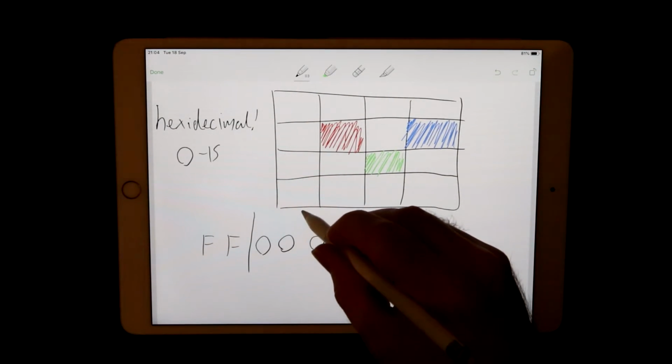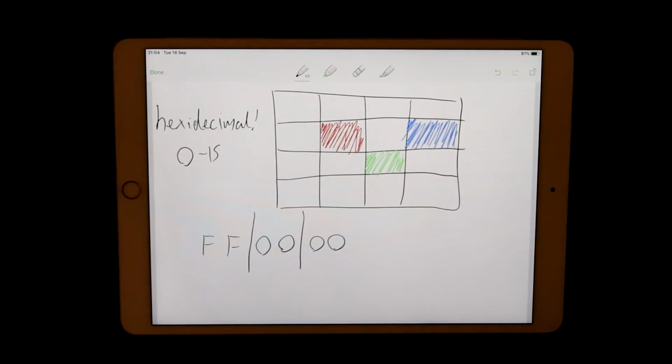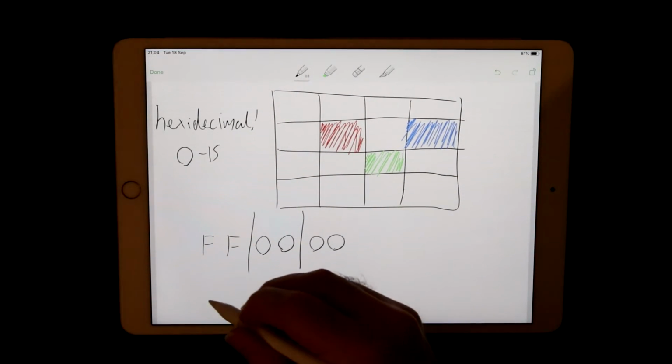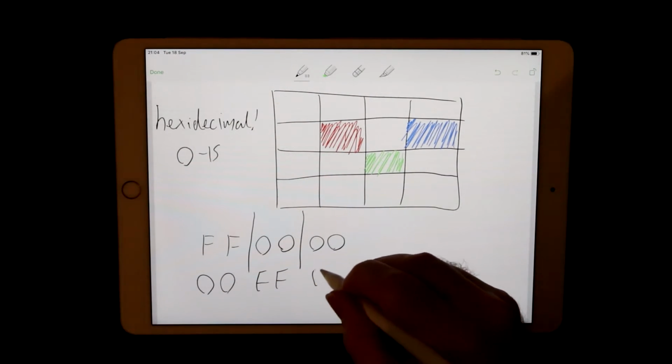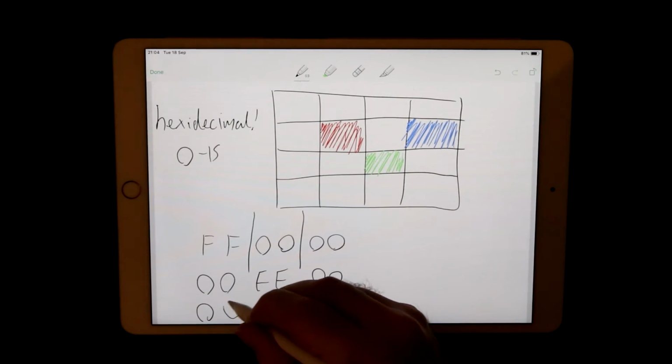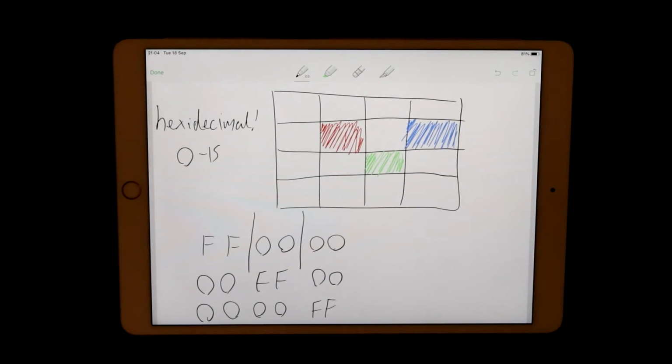So each byte is represented by 2 hexadecimal numbers. And then you have no contributions for the other bytes. And it's the same with green, just have FF here. And then with blue, you have 0000FF.